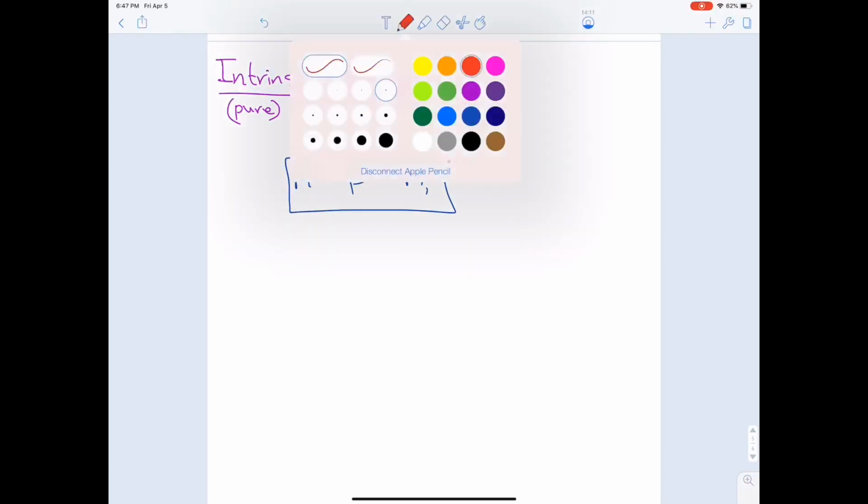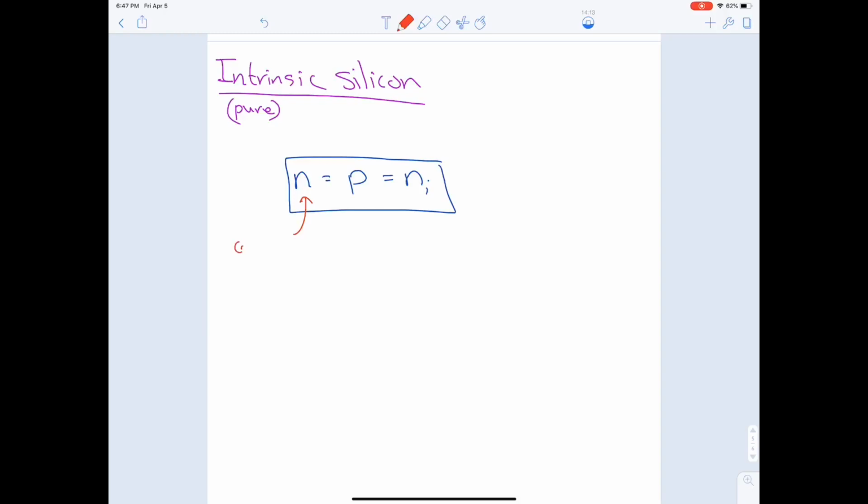N is the concentration of electrons, and its unit is centimeter minus 3. P is the concentration of holes, and the unit is the same.